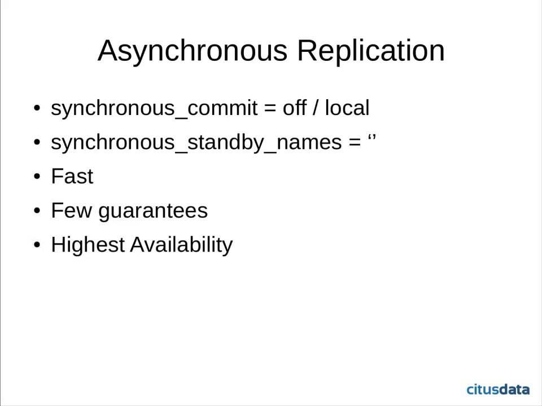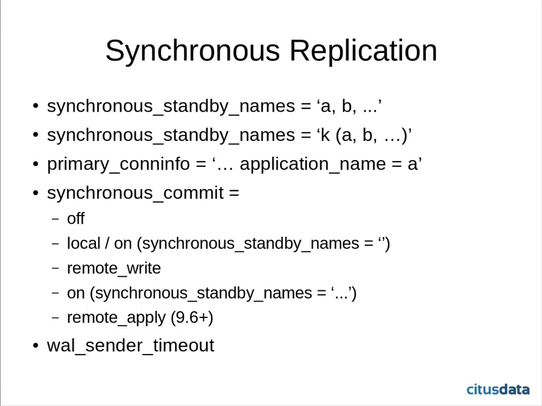But if you can't live with the possibility that you lose data in some transactions, we have had a synchronous replication feature since Postgres 9.1. The way that works is that you can set a parameter, synchronous_standby_names, to a list of names, which are basically the names of replicas.